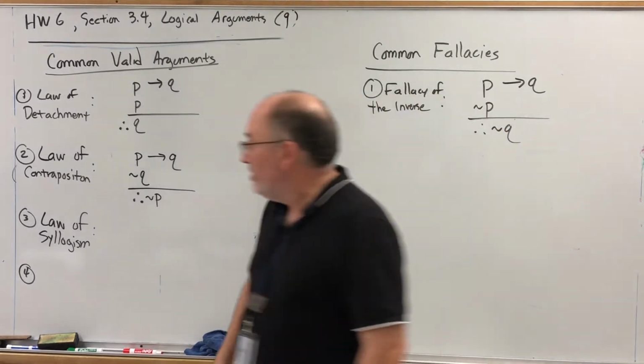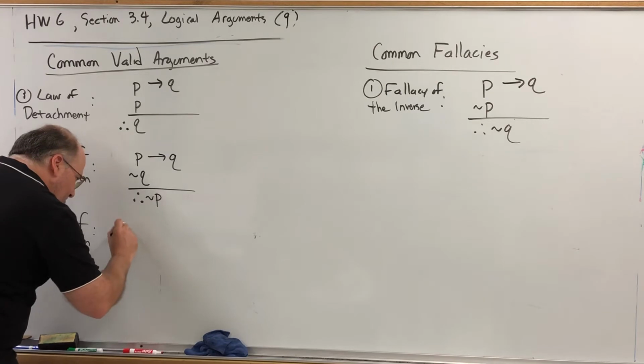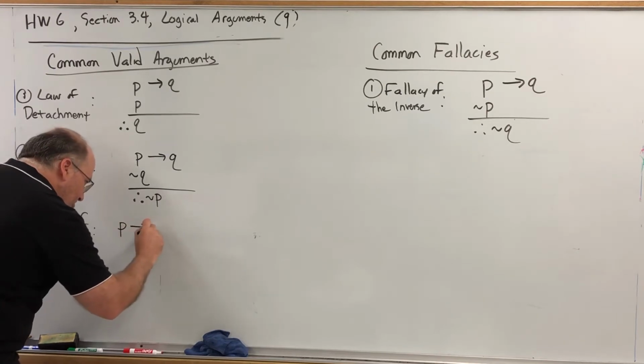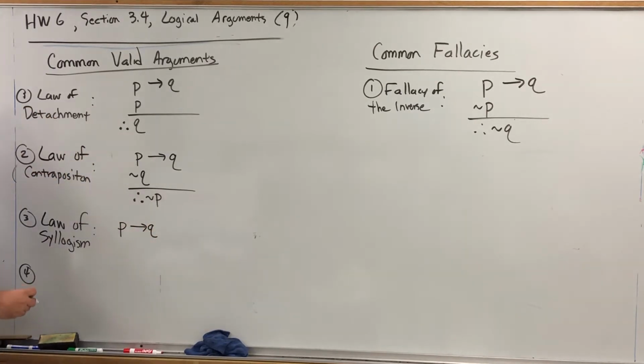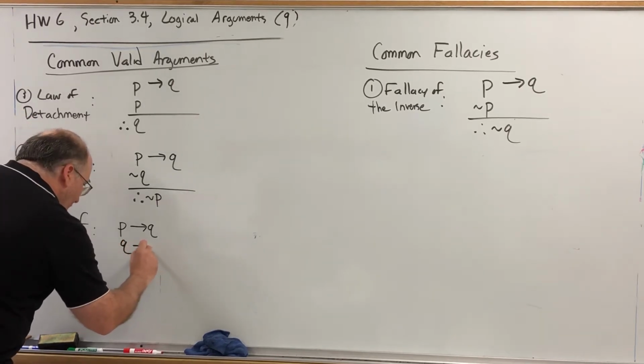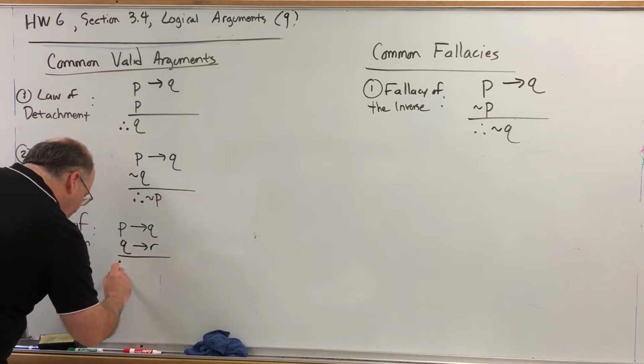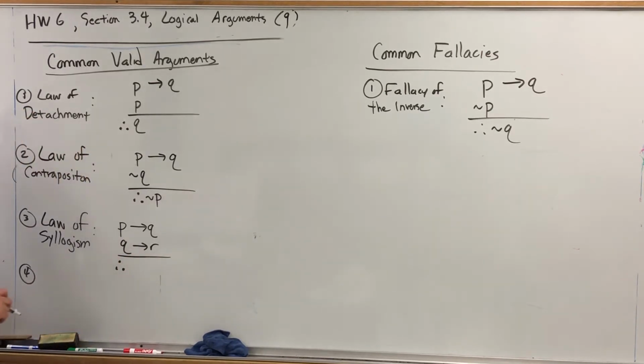Symbolically, the law of syllogism is premise number 1, P points to Q. If P, then Q. Premise number 2, Q points to R. If Q, then R. The conclusion that you draw is another conditional.